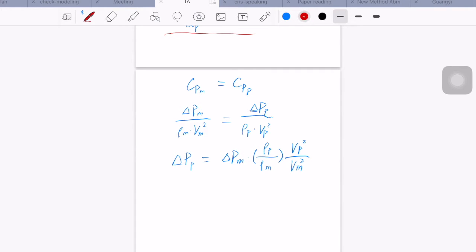The same fluid is used, so the density term is equal to 1.